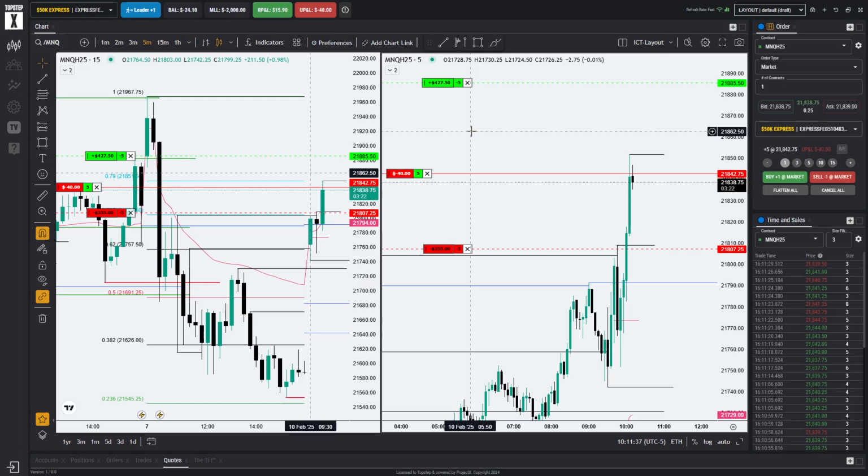It depends on ES as well. If ES is gonna hold, then we're gonna have more buyers. If we do, then we can continue higher. But if we don't, ooh.